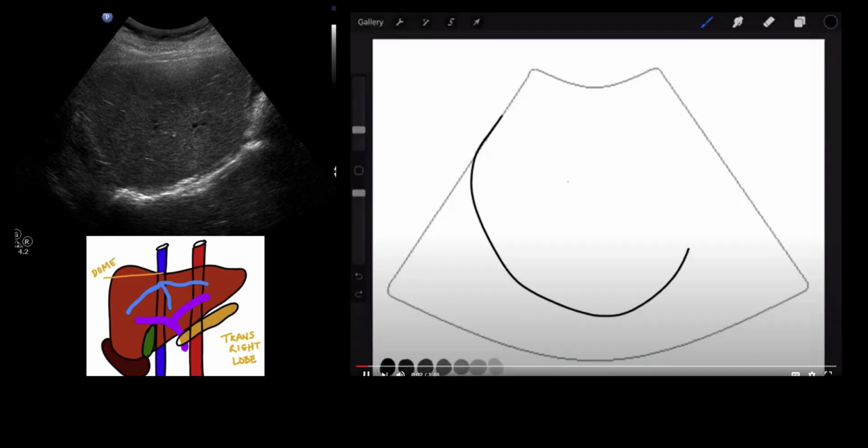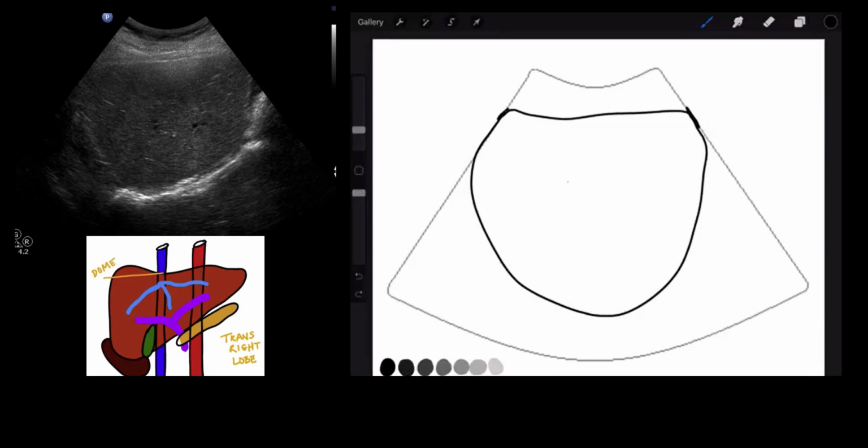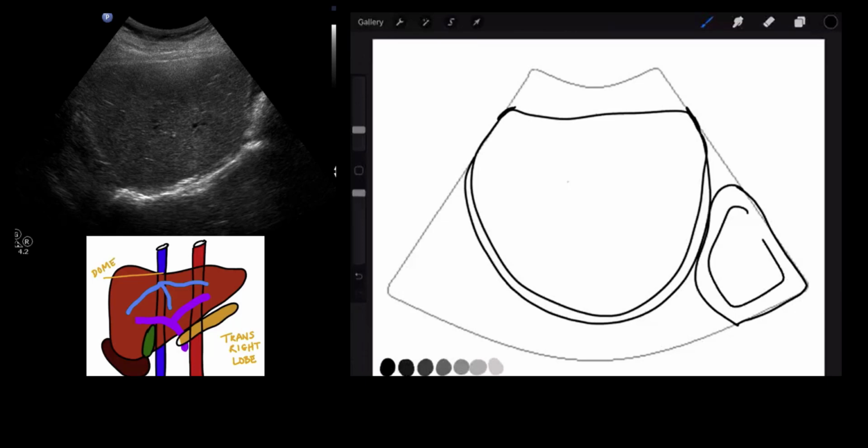Once the dome of the liver enters into our screen, it'll appear almost as a little cup of liver on our image. We will be able to see diaphragm encapsulating most of this portion of the liver. There should be no major blood vessels in this area, and you'll most likely see the heart off towards the left.